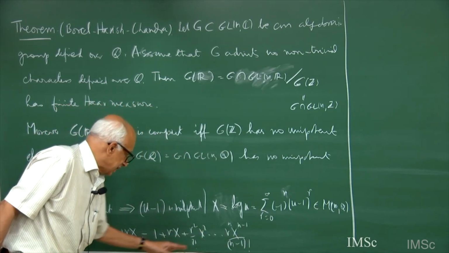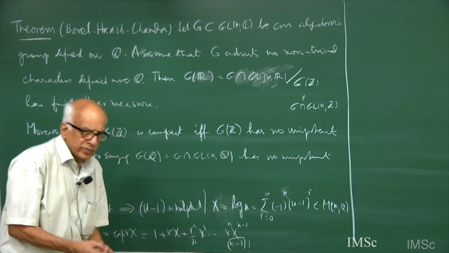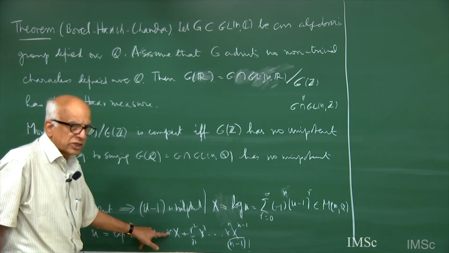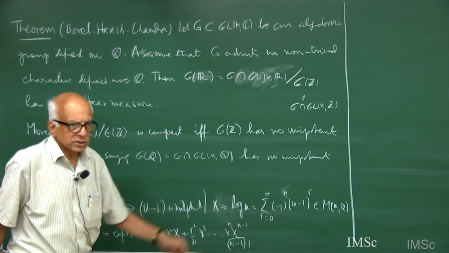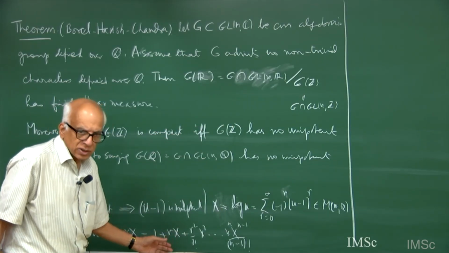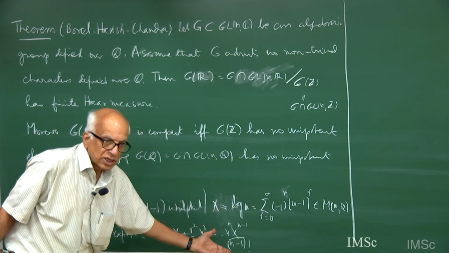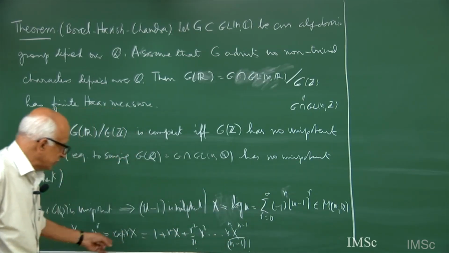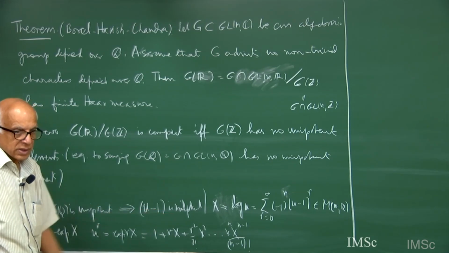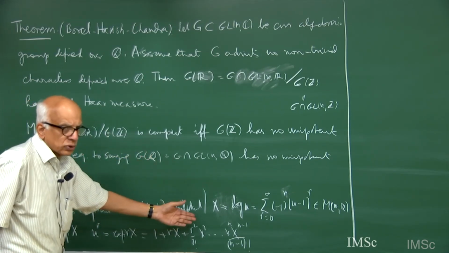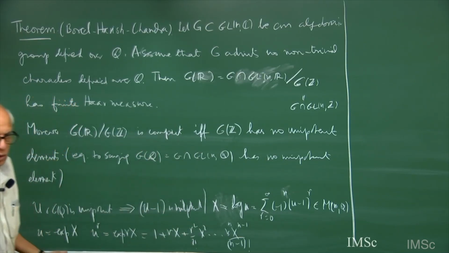So x, x squared, etc., up to x to the n minus 1 will have bounded denominators when you write them as rational matrices. So when you make r sufficiently large, the least common multiple of all those denominators, this becomes an integral matrix, and this is obviously unipotent again. So if you have a rational matrix which is unipotent, there is also an integral matrix which is unipotent, and of course conversely.